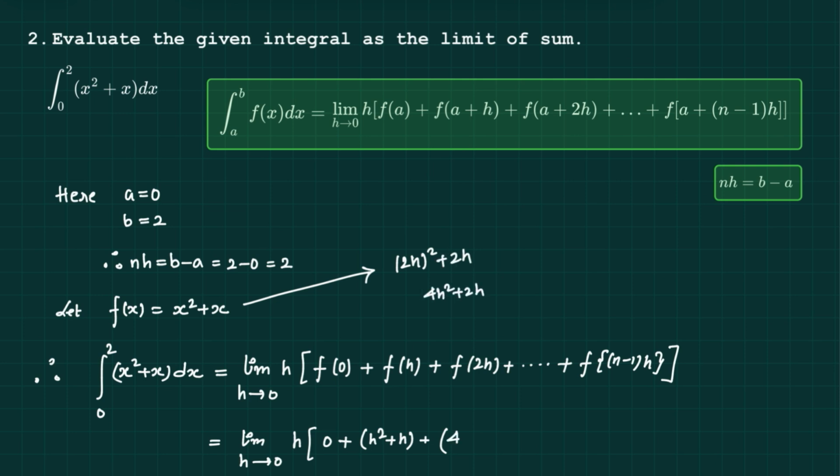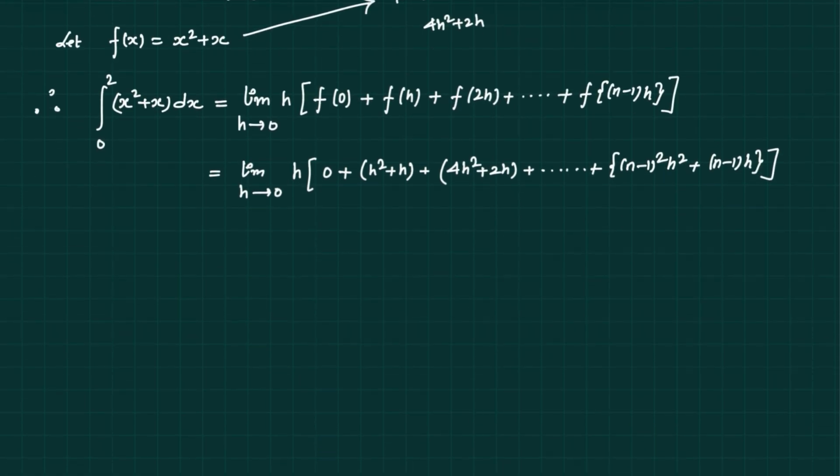So here it will be 4h square plus 2h, plus, and the last term will be n minus 1 square h square plus n minus 1 into h, equals limit h tends to 0 of h into, let us write these terms together, that is h plus 2h plus 3h up to n minus 1 h together.